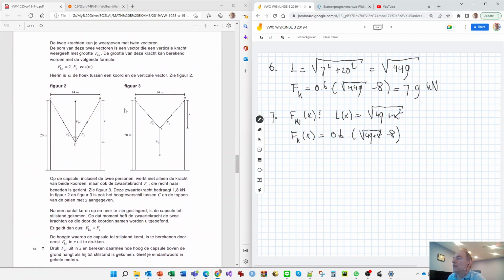And we find that Fkv of x is then twice, so that's 1.2 times square root of 49 plus x squared minus 8 times the cosine of alpha.